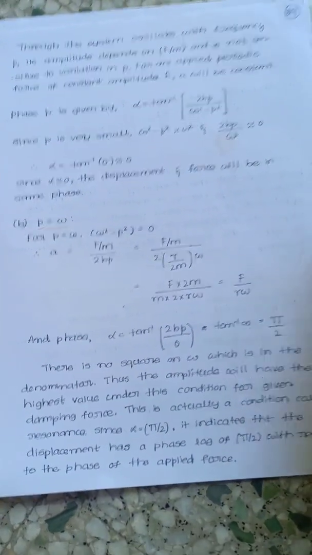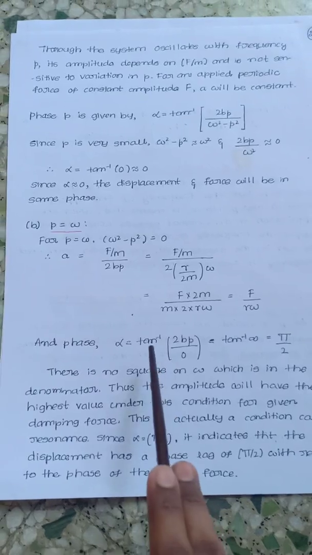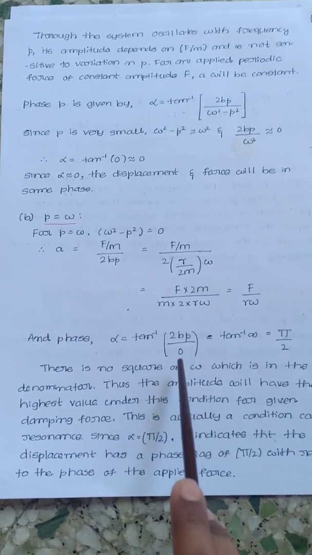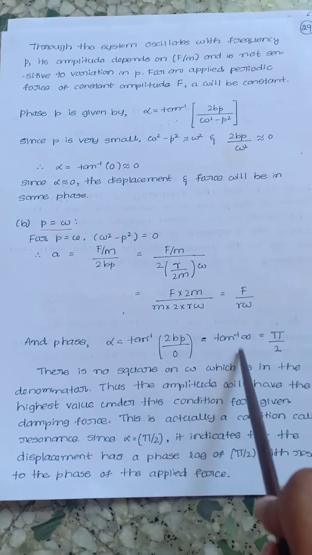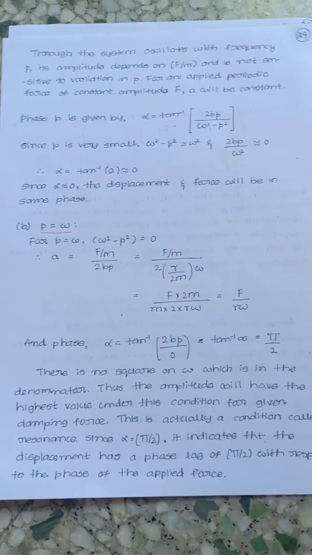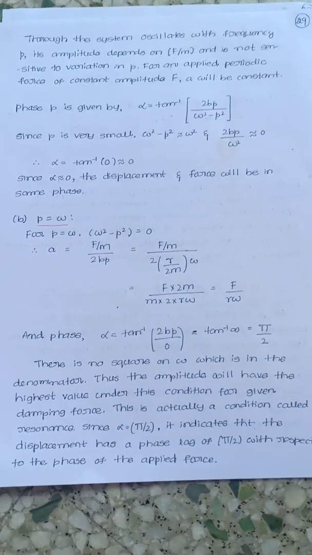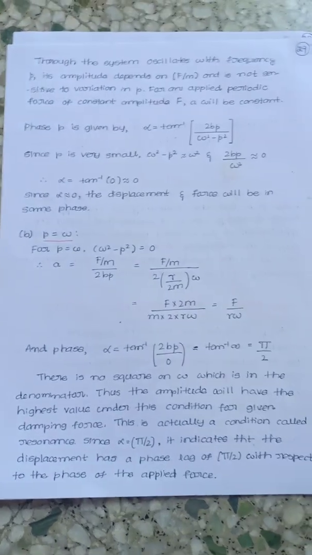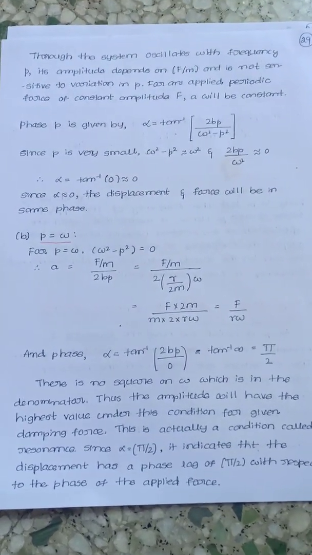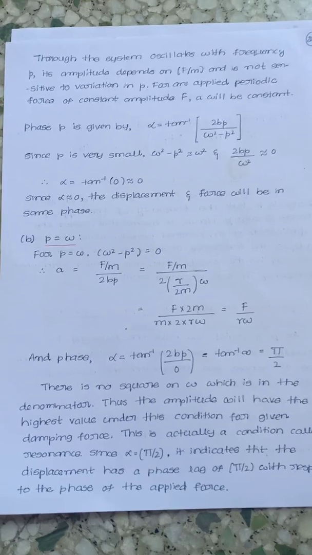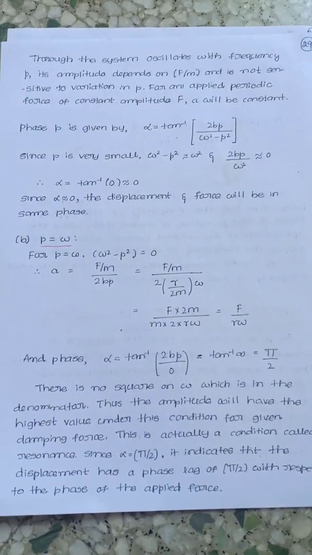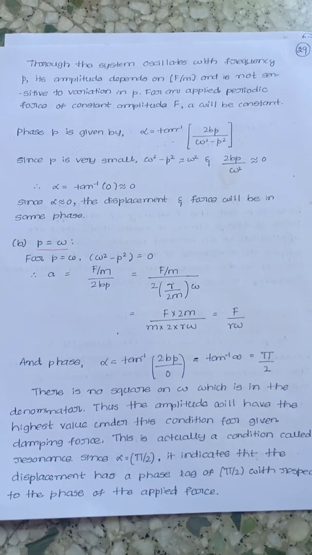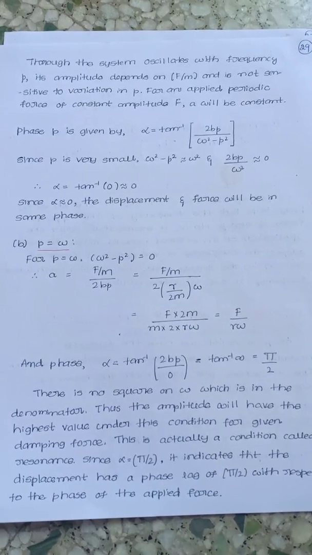So phase alpha is equal to tan inverse of 2bP divided by 0, and tan inverse of infinity is pi by 2. Here we can see that there is no square on omega in the denominator. Thus the amplitude will have the highest value under this condition for a given damping force.